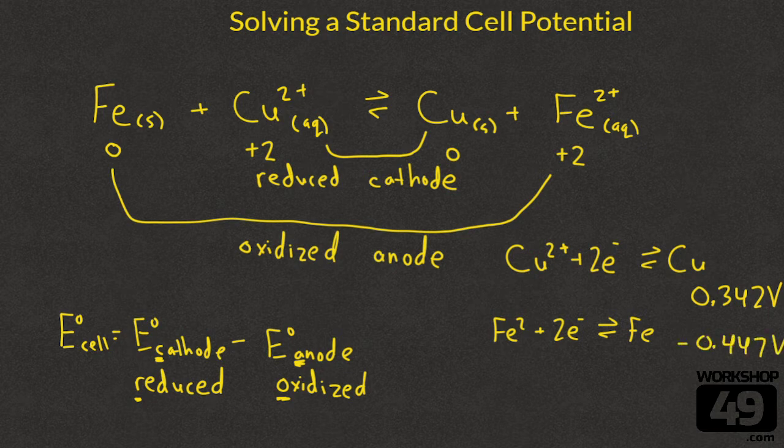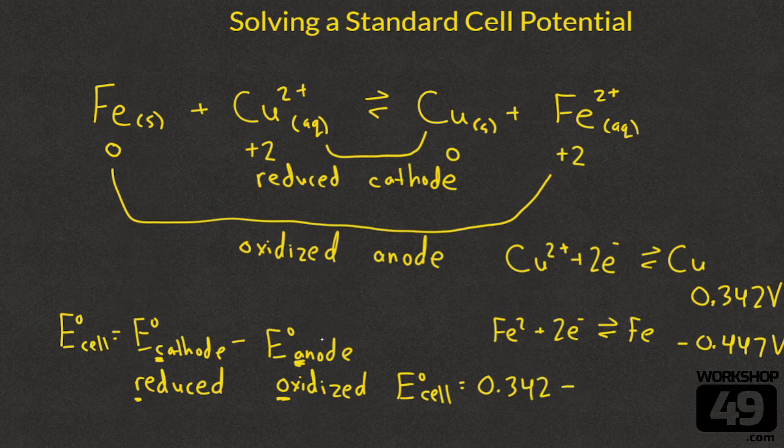-0.447 volts. Now we can use our equation for our standard cell potential, and it's going to equal the E of our cathode. Cathode was copper, so it's 0.342.